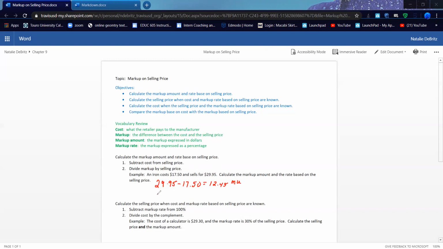And then we're going to divide that by $29.95, the selling price, which is going to give us a 0.416. And to change that markup rate to a percentage, you're going to move your decimal 2 places to the right. So the markup rate is 41.6%.